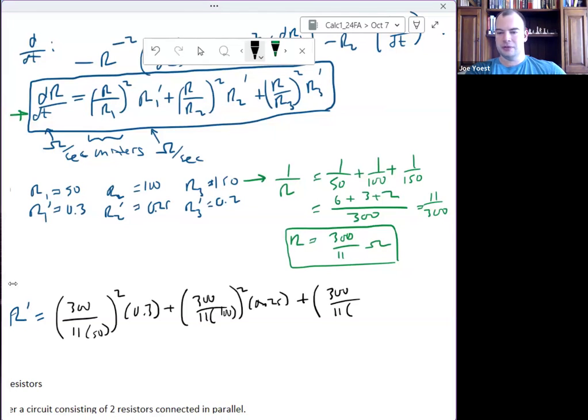So 300 over 11 over 150 squared and times R3 prime 0.2.